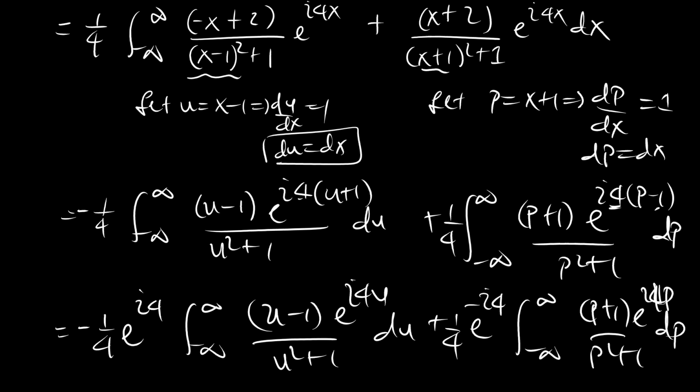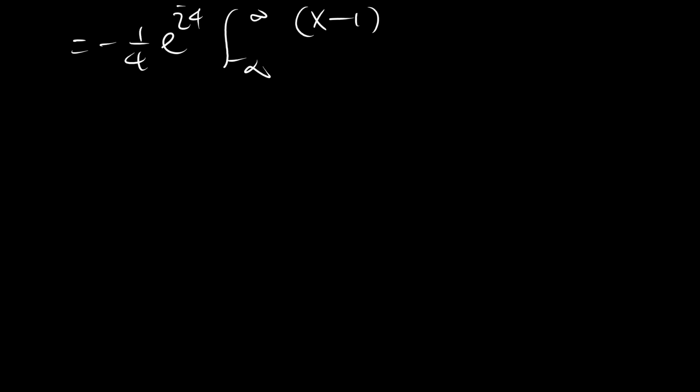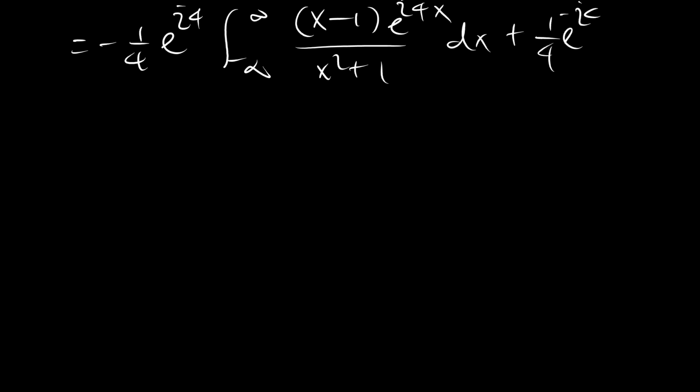Now we can take everything back into the x domain, so that we have negative a quarter e to the i4, infinity, and we have x minus 1 e to the i4x over x squared plus 1 dx plus x plus 1 e to the 4x over x squared plus 1 dx. Let's collect like terms.